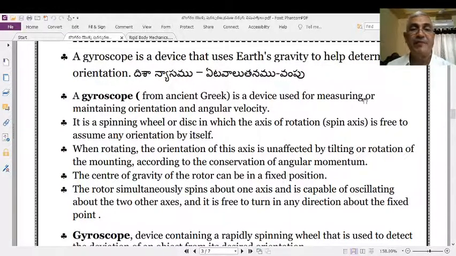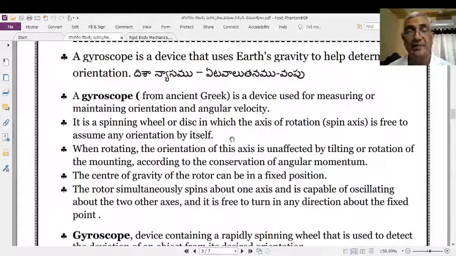It is a spinning wheel or a disc in which the axis of rotation is free to assume any orientation by itself. What is the basic part of the gyroscope? The basic part is a spinning wheel or a disc about some axis, that is known as the axis of self-rotation.